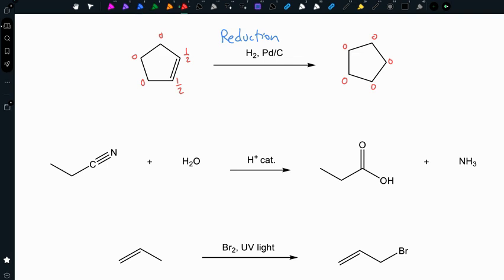In my next example, carbon starts with 3 bonds to nitrogen. That's oxidation level of 3. And the other 2 carbons here have an oxidation level of 0. In my product, this is 0, this is 0, but this is also 3. So nothing has changed. This is neither.